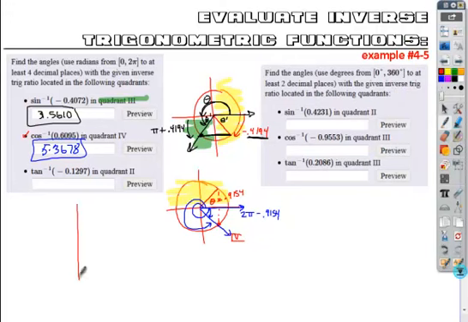Okay, the final one here. When you're calculating the inverse cosine, it's going to give you quadrants 4 and 1. You want to find the one in quadrant 2, however, or this tangent.